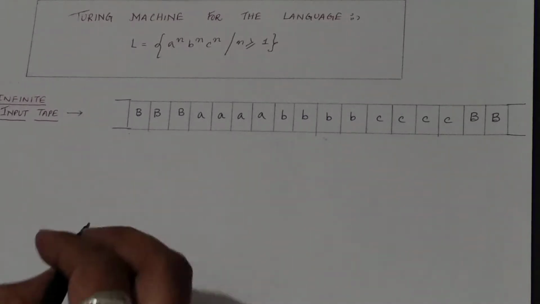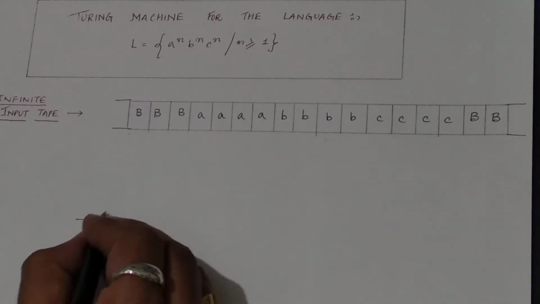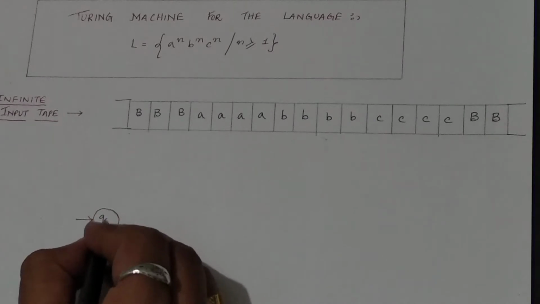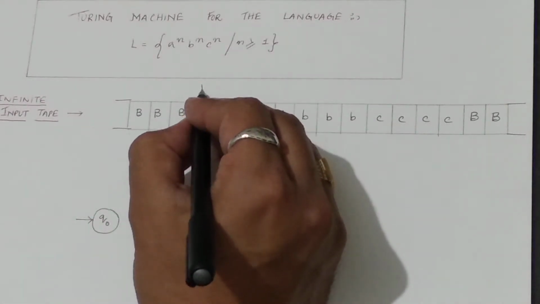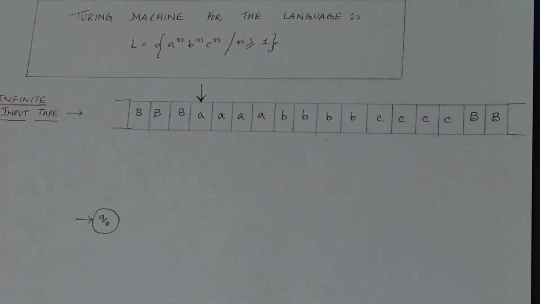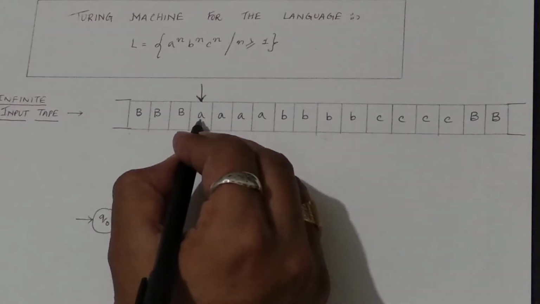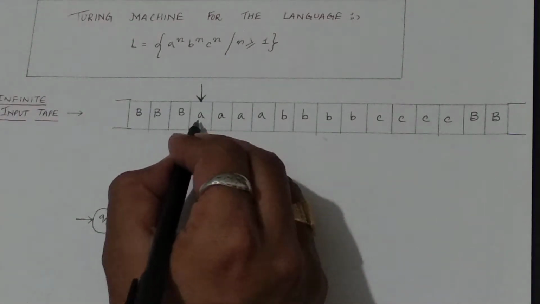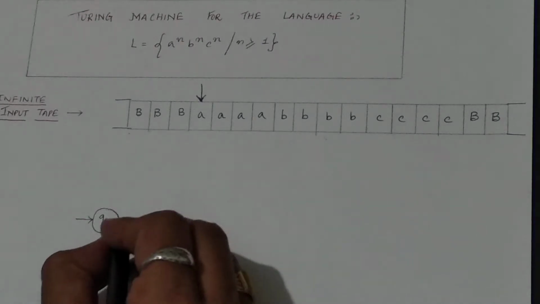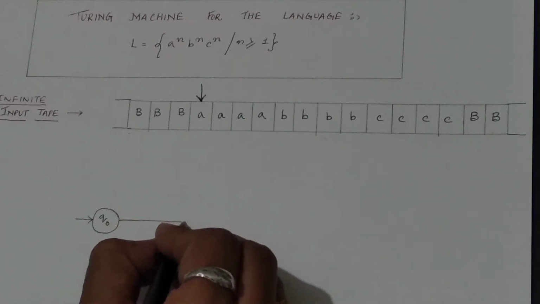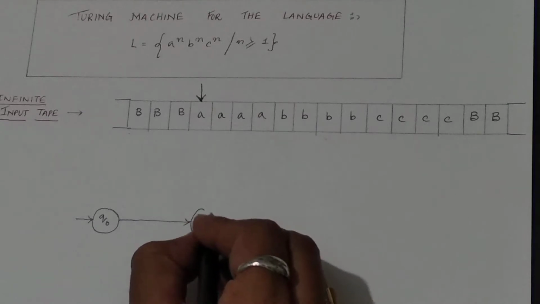Now I will take the initial state. The tape head initially will be at the start of the string. Once I read the first input element, that is a, I will move to another state, say q1.